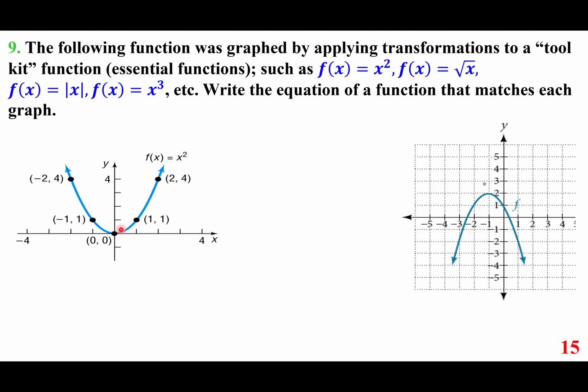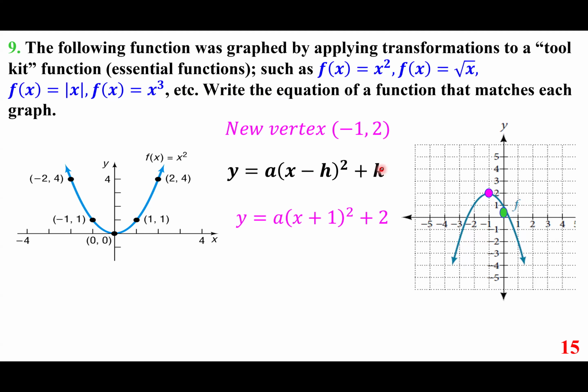However, this has a different location. The new vertex is located at -1, +2. And the formula is A, parentheses x minus h quantity squared plus k. So A times x minus -1, which makes it +1, quantity squared plus k, that means +2.